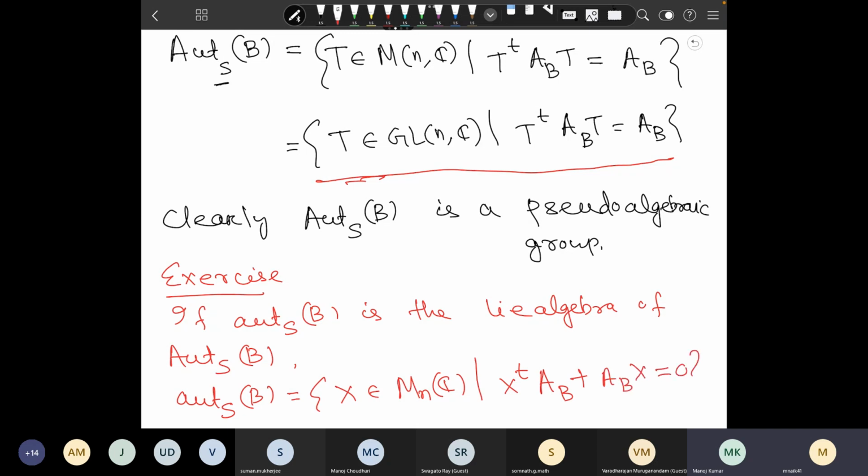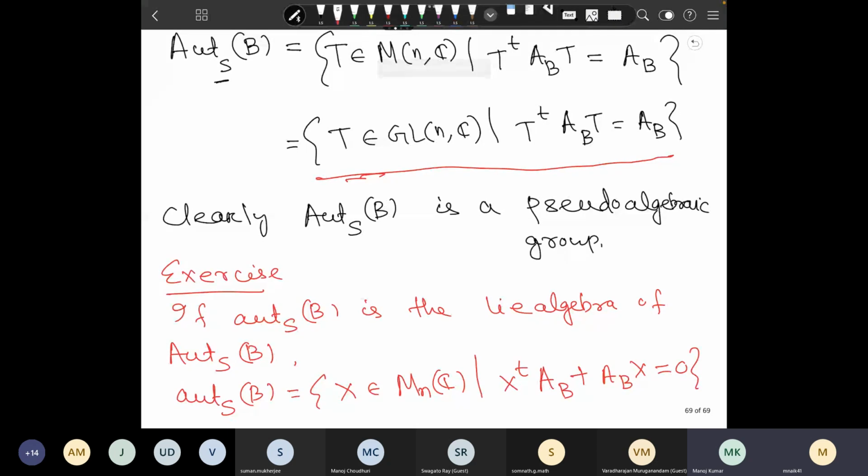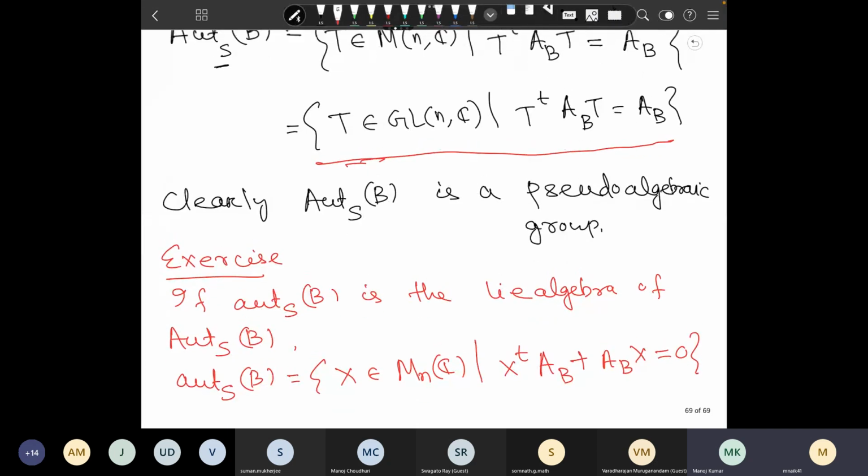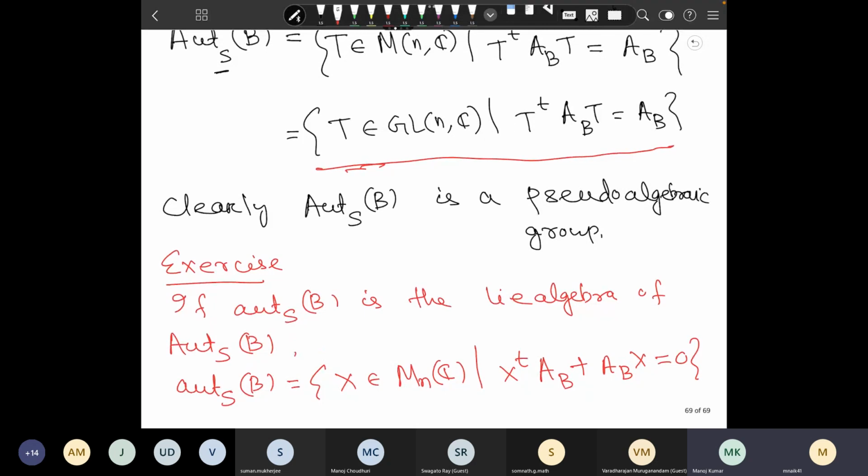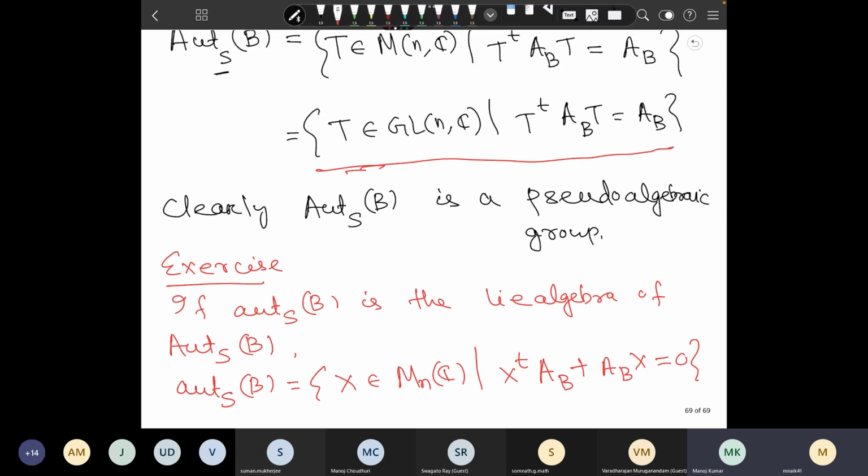This you can verify by simply differentiating. I will drop the subscript S unless it is needed. So I am saying that the automorphism group of B_S is a pseudo-algebraic group, and this is the Lie algebra.